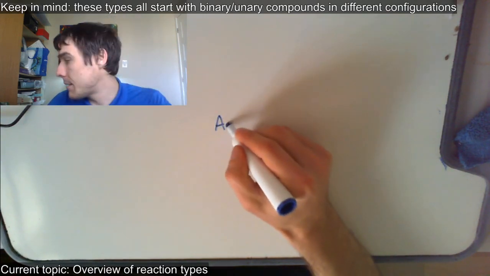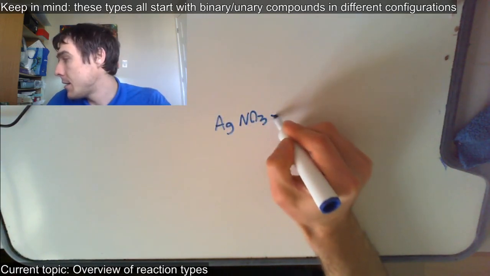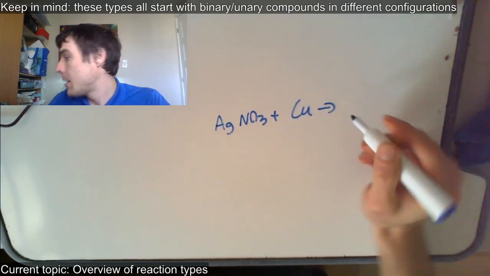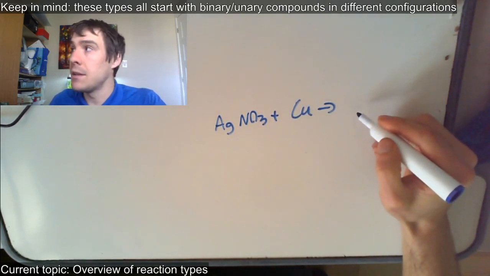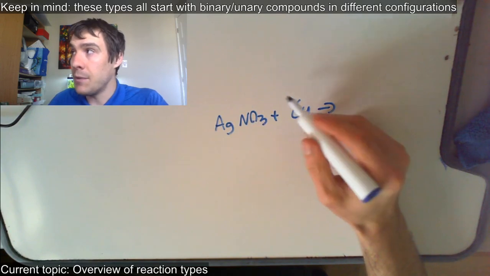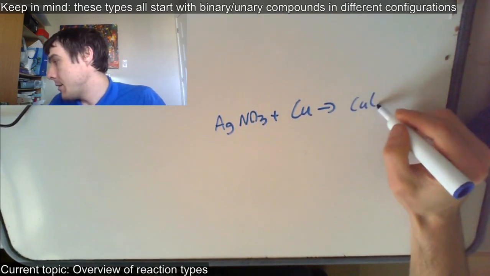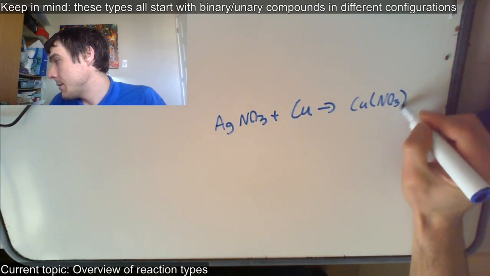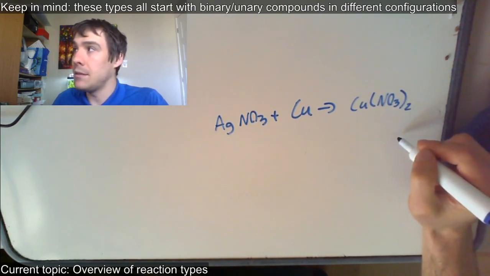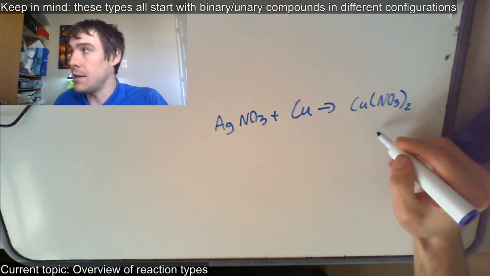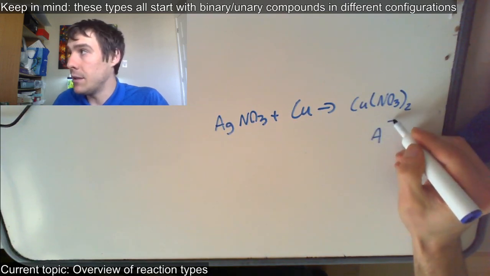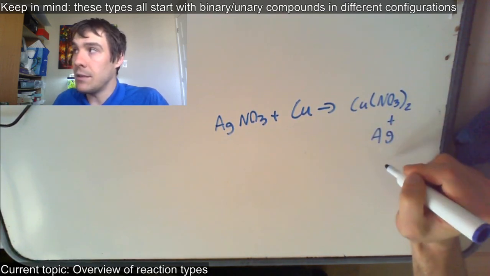A classic one in chem labs is silver nitrate plus copper. The copper will displace the silver; the copper will take silver's place and typically make a +2 ion, and then the silver will stay behind.